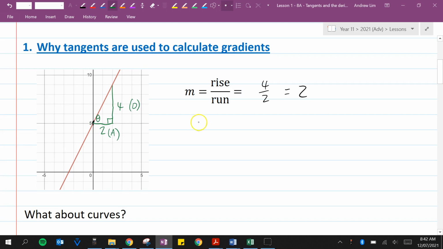Rise over run is actually equal to tan of theta. Opposite over adjacent, which is run, 4 over 2. So that's the reason why we can use tangents to calculate the gradient. If we knew what the angle was, we can just use the angle to find out the gradient.